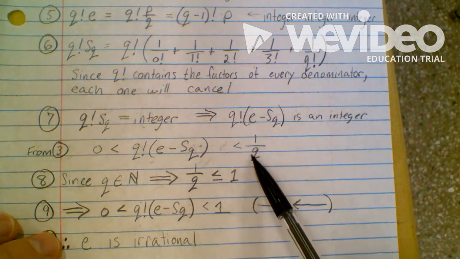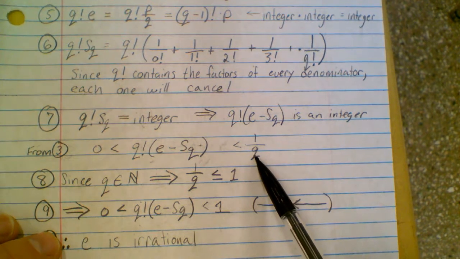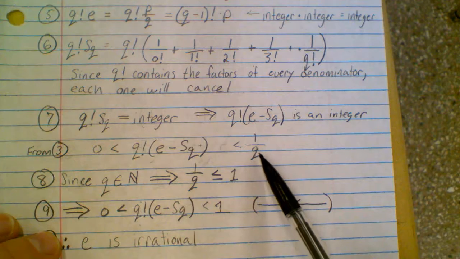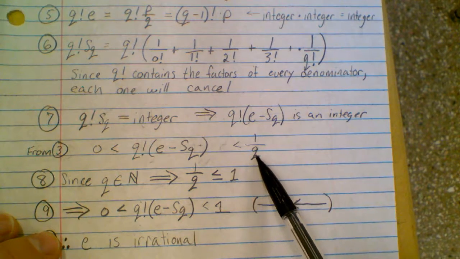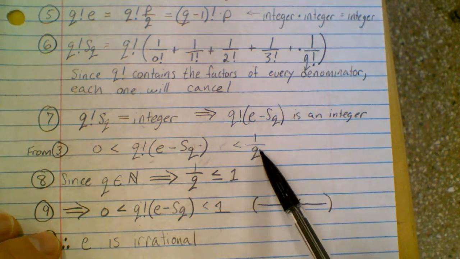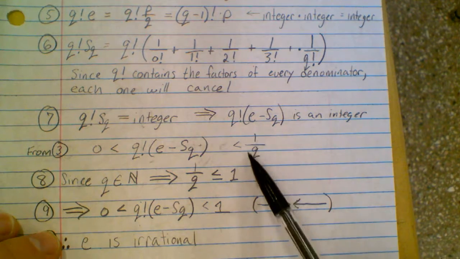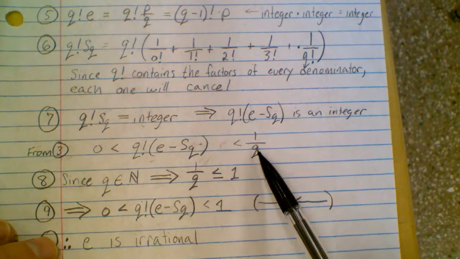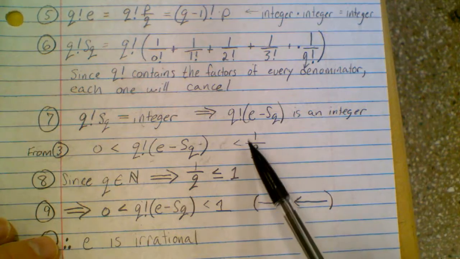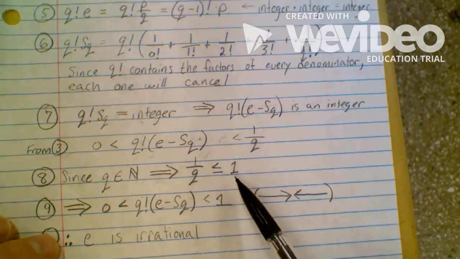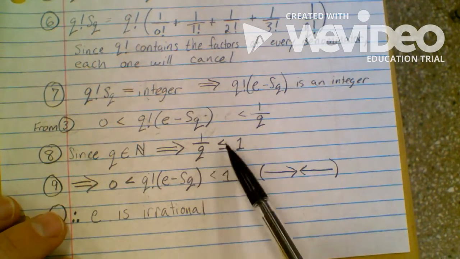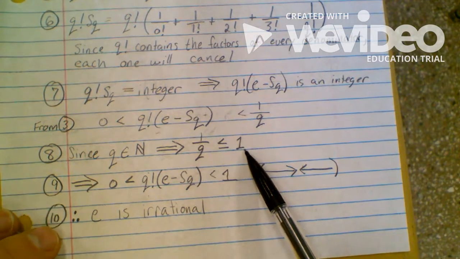So the smallest number that q could be is 1, and 1 divided by 1 is 1. And as q becomes larger, this fraction actually is less than 1. So the largest that this fraction could be would be 1. So 1 over q is less than or equal to 1.